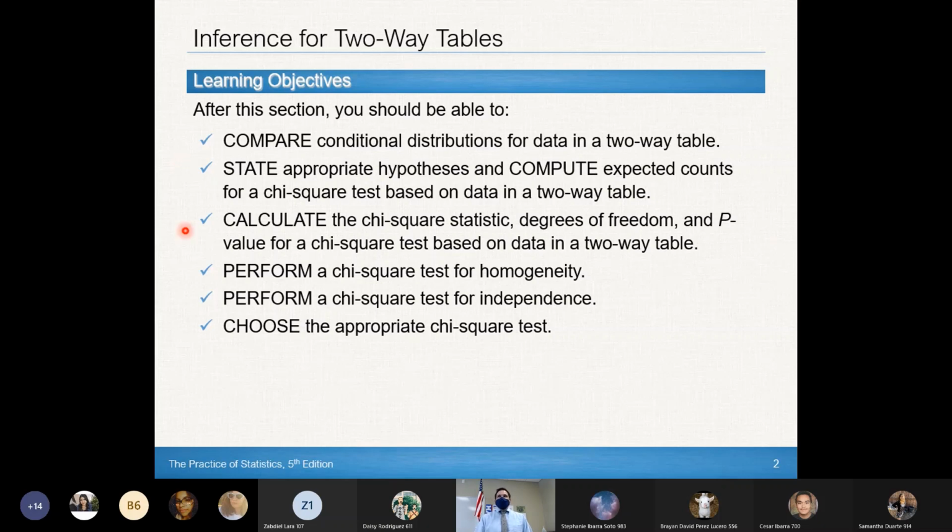Calculate the chi-square statistic, degrees of freedom, and p-value for a chi-square test based on data in a two-way table. We need to be able to perform a chi-square test for homogeneity and a chi-square test for independence. And we should be able to choose the appropriate chi-square test based on a given context.